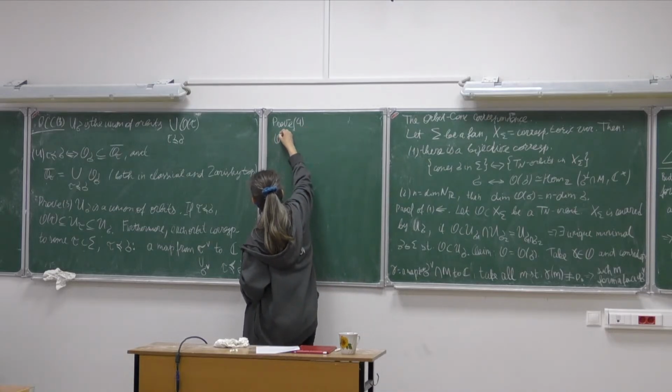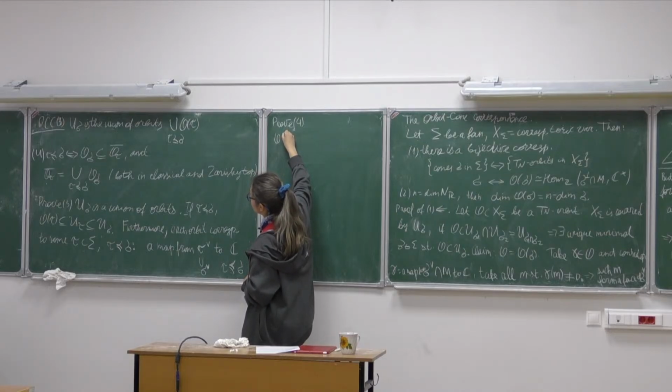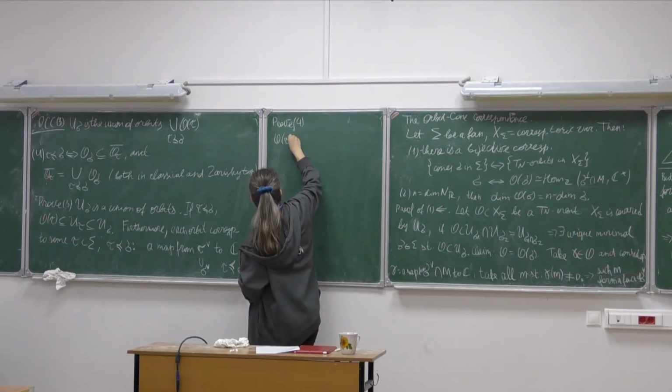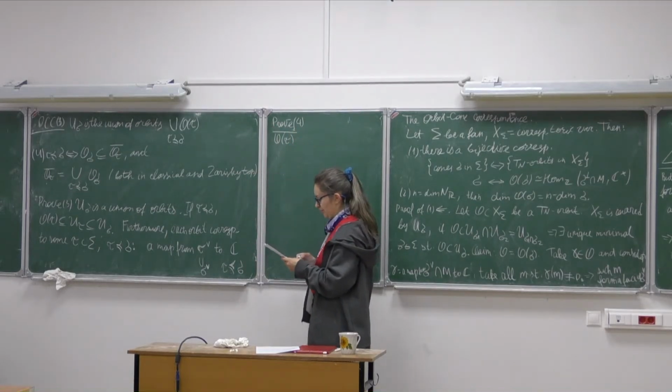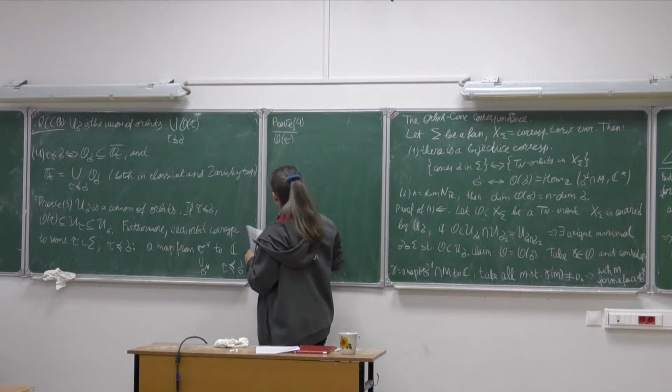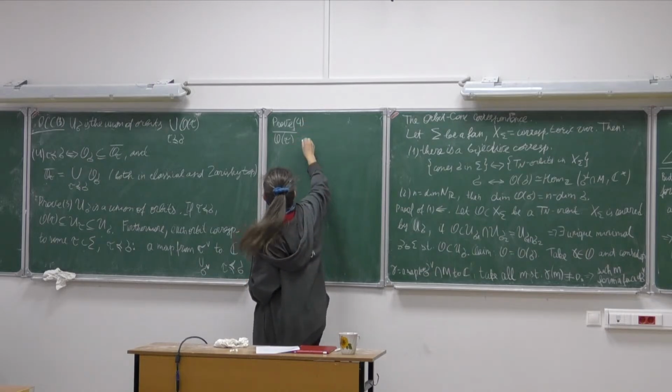Let us take O tau bar for some cone tau, and we know that it is torus invariant.